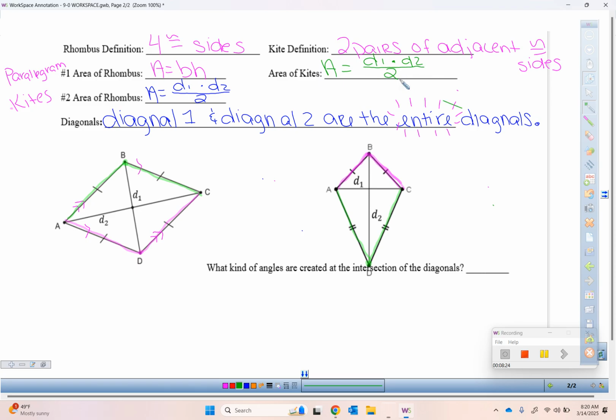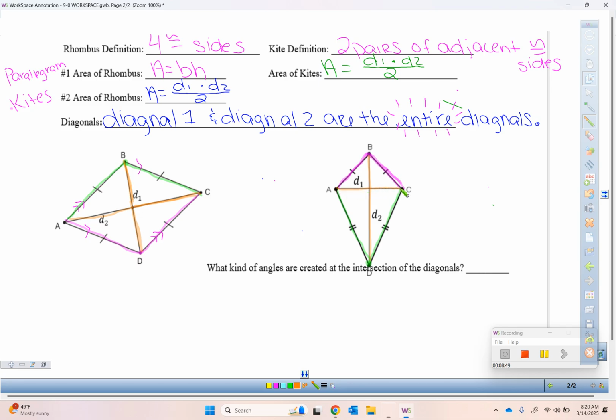Okay, and we're going to talk about diagonals real quick. When we say diagonal 1 and diagonal 2 are the entire diagonals, what it means is it's not just this and this, it's this whole thing and this whole thing. So it's this whole diagonal and this whole diagonal.